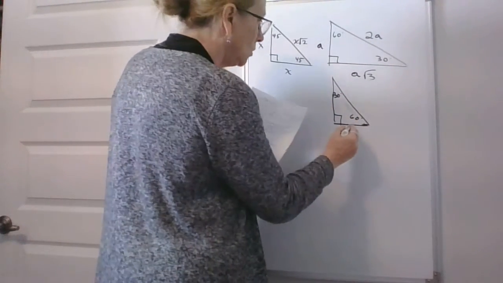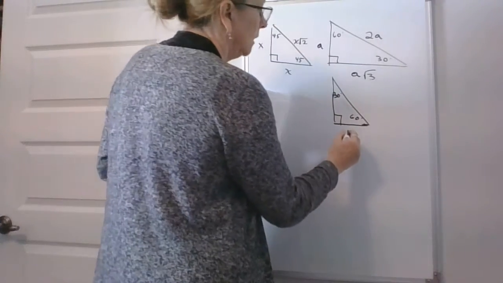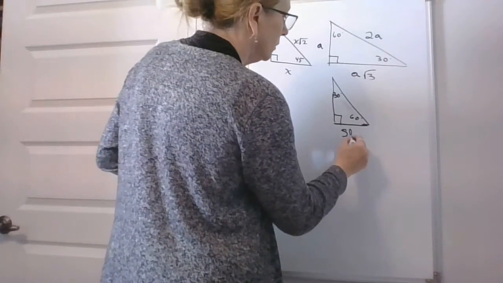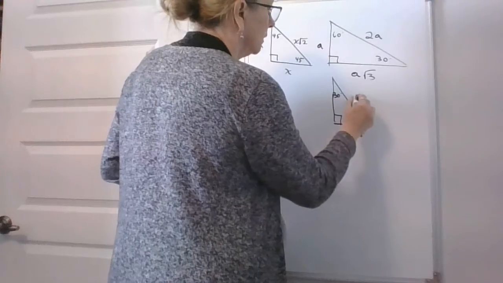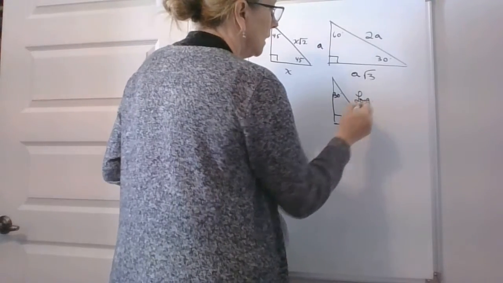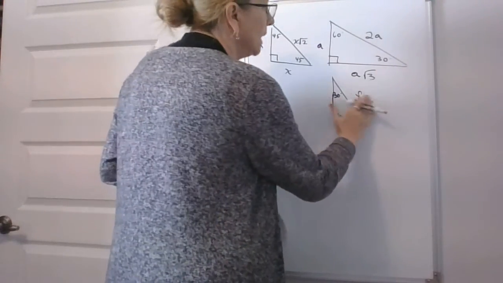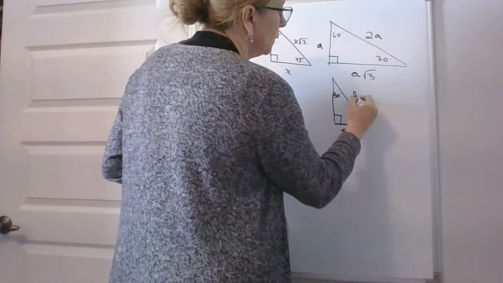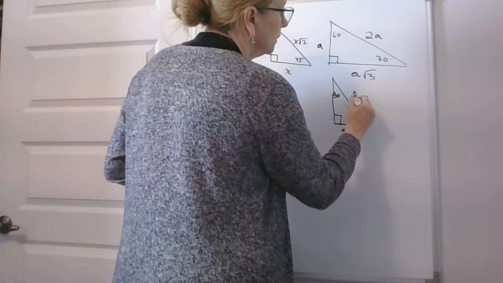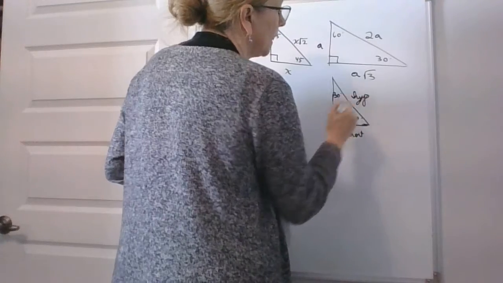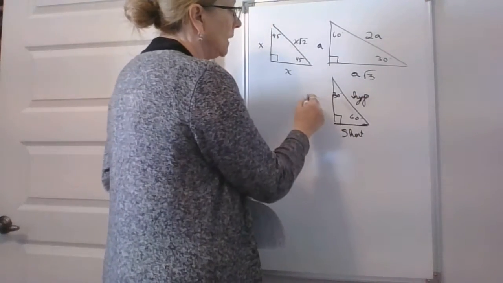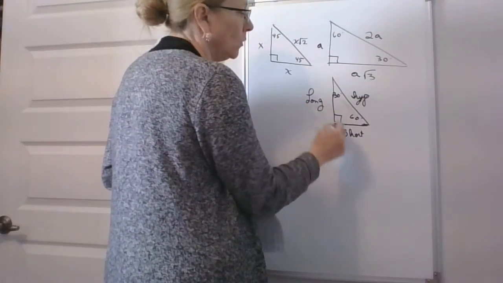All right, so this is your shorter side, shorter, and longer. This is the longest, but it's the hypotenuse. So a lot of times what they'll refer to is the short side and the long side or long leg.